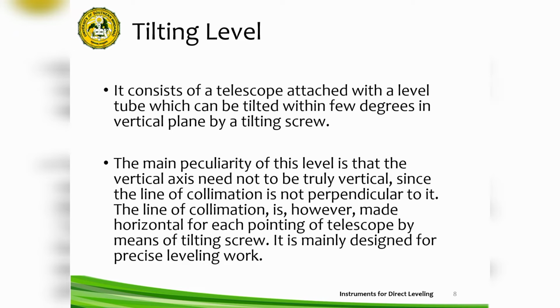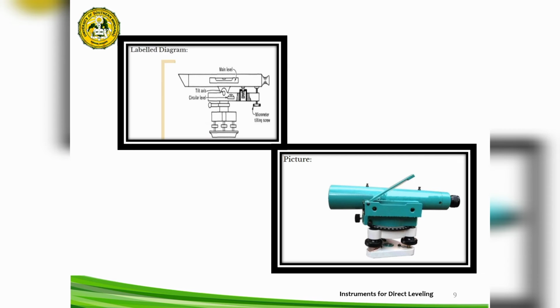The line of collimation is, however, made horizontal for each pointing of the telescope by means of the tilting screw. This is mainly designed for precise leveling work. I have provided a tilting level label diagram and an actual photo of the tilting level.